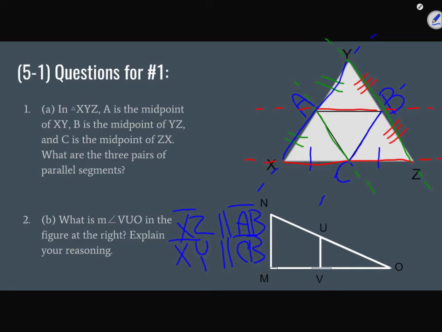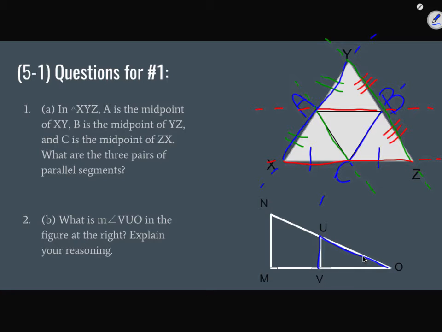So next we have problem 2B. What is the measure of VUO in the figure on the right? Explain.